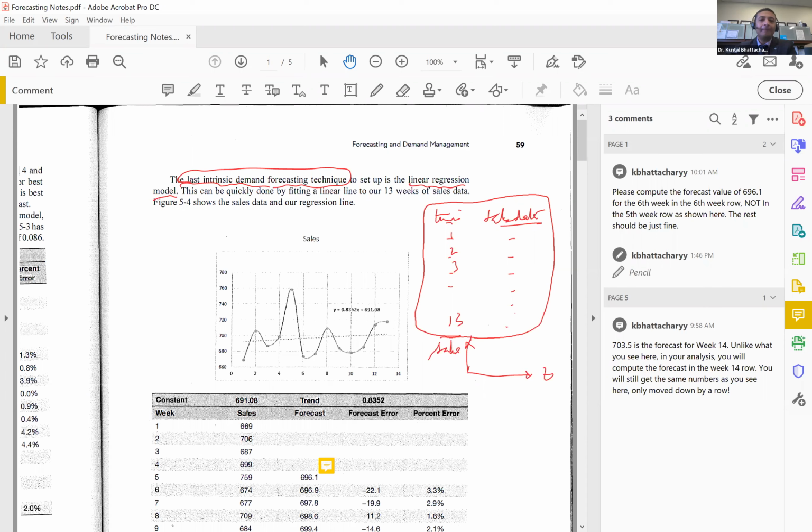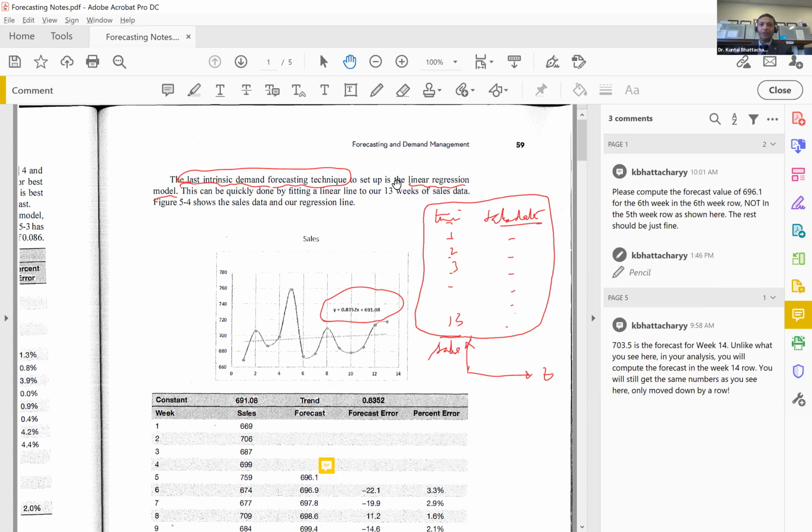So that is essentially this kind of process. It's still a very intrinsic model because you're not using anything outside of your original y that you're after, except for the time, which is already there. So what they have done here is they have fitted the linear line into your 13-week sales, and so you can see the fitted equation here.